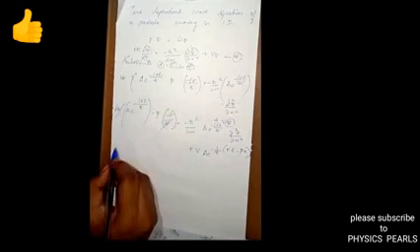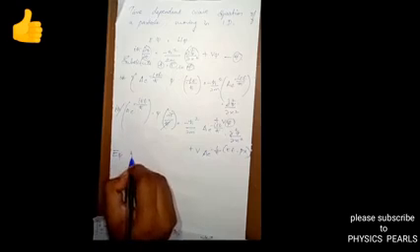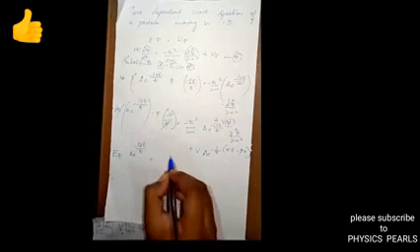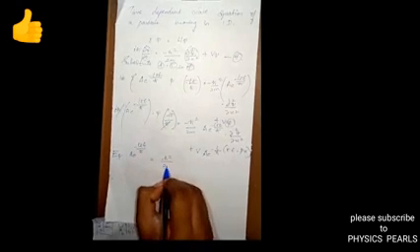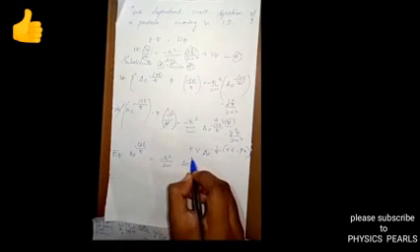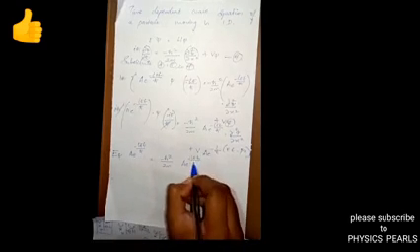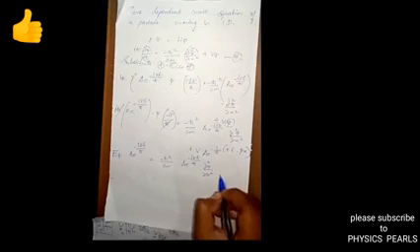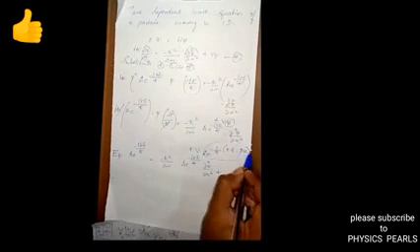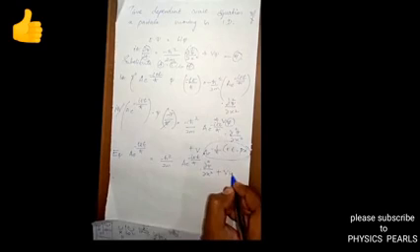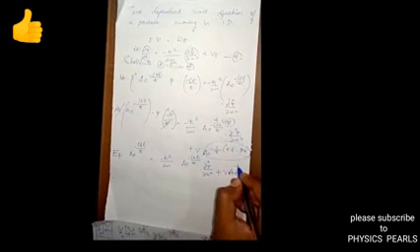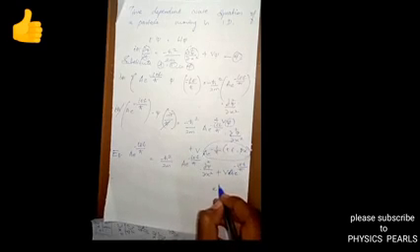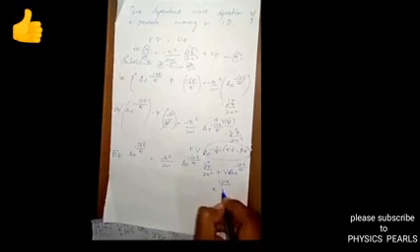So it now takes E psi A e power minus i E t by h cross is equal to minus h cross square by 2m A e power minus i E t by h cross into dou square psi by dou x square plus, we are going to split this, that is V A e power minus i E t by h cross into e power i p x by h cross.